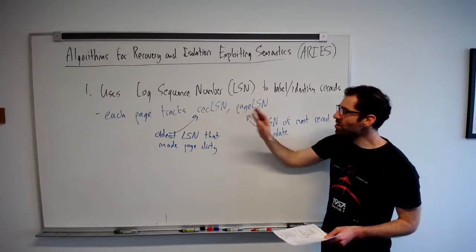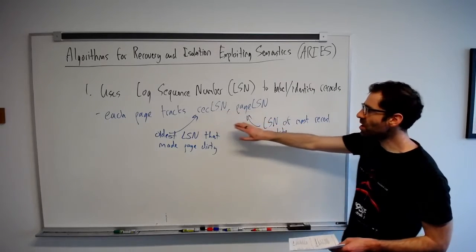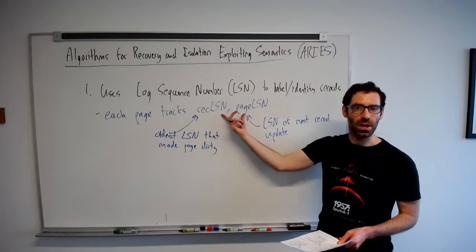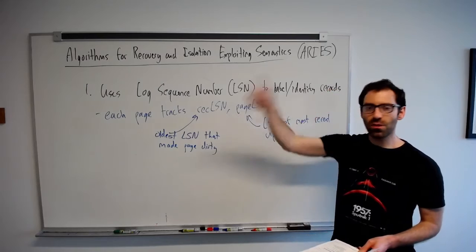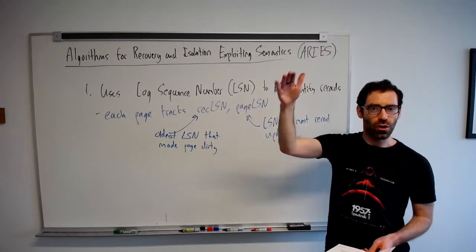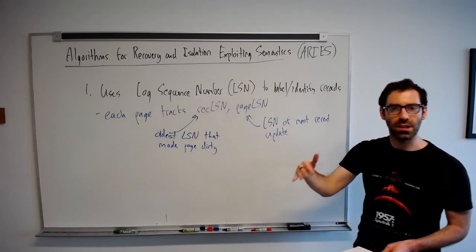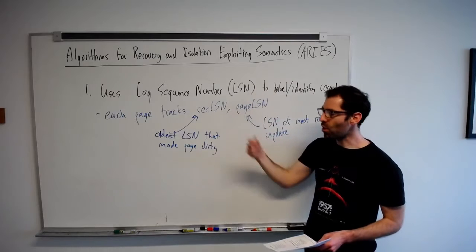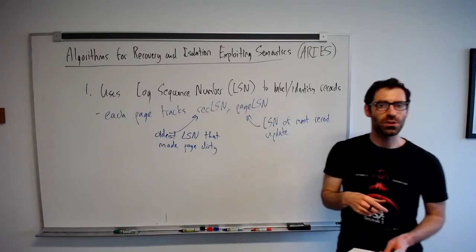And what these two numbers, the rec.lsn and the page.lsn for a dirty page in memory, tell us is: here's the range of the log, an earliest LSN and latest LSN, where updates have been made to this page.